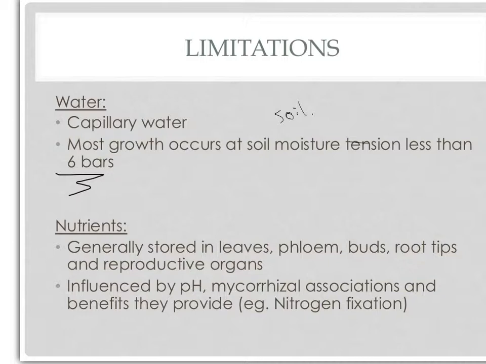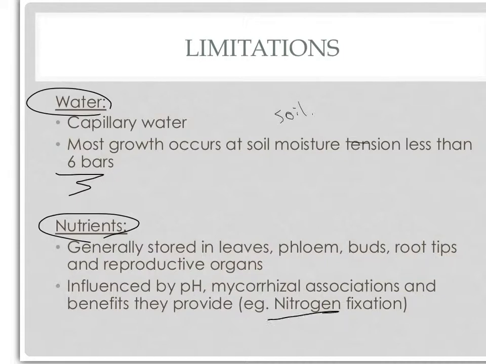Okay, so water is one limitation for trees. Also, we have nutrients or elements. Generally stored in the leaves, phloem, buds, root tips, reproductive organs, in other words, the living parts of the tree. Influenced by pH, mycorrhizal associations, and the benefits they provide.